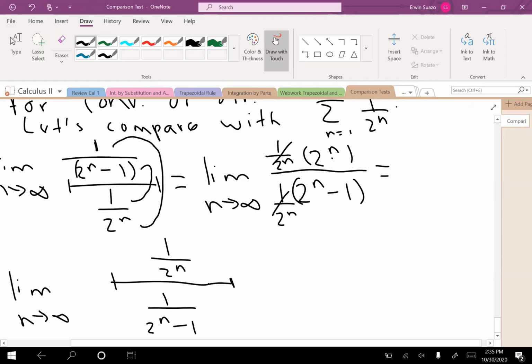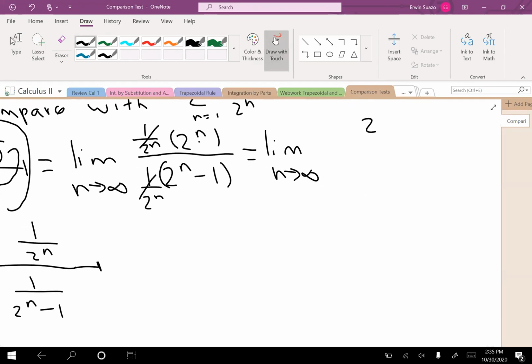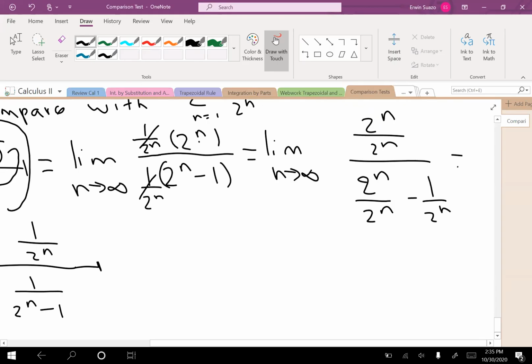So I will get the limit as n goes to infinity of 2 to the n divided by 2 to the n, over 2 to the n divided by 2 to the n, minus 1 over 2 to the n. I get 1, I get minus 1. When you simplify, this simplifies with this guy, and this with this guy.